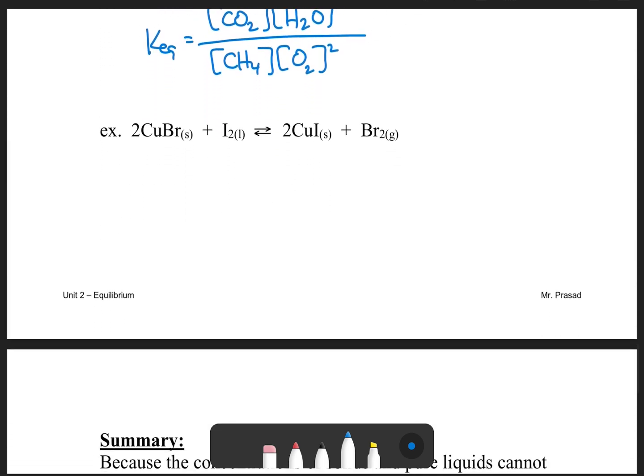And in our next example, we have one liquid present, which is a pure liquid. We also have solids present, so we do not include any of those. Our KEQ expression here is simply Br2.